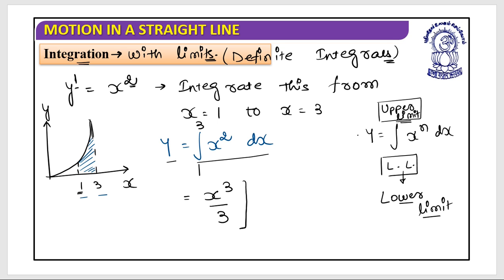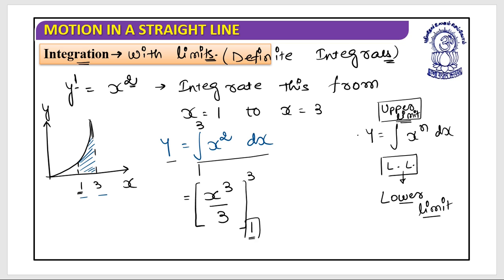Now let's put up a limit. You need to always use a square bracket, from lower limit to upper limit. I hope you understand this. First you perform it as if no limits are given, so the integration of x square dx gives x cube by 3. Now let's apply the limit, integrating from x equals 1 to x equals 3.